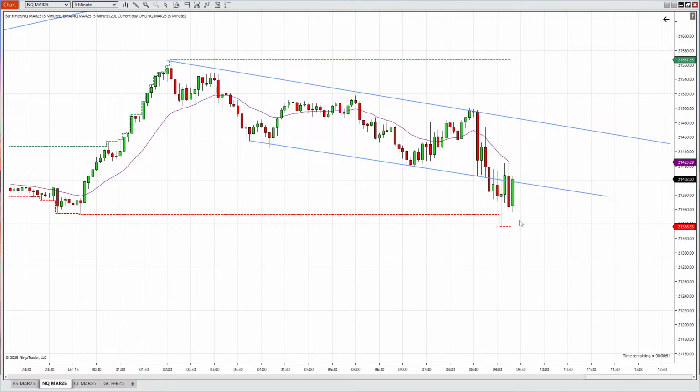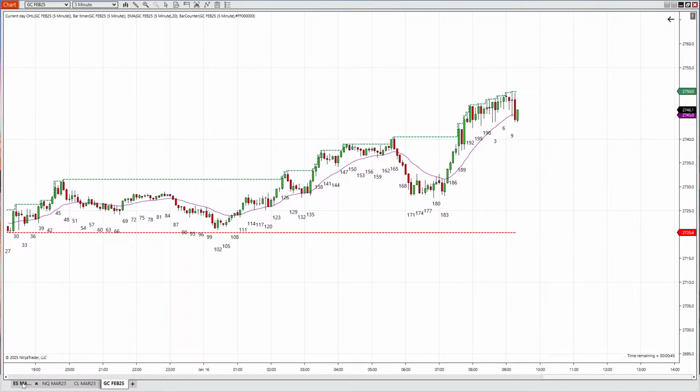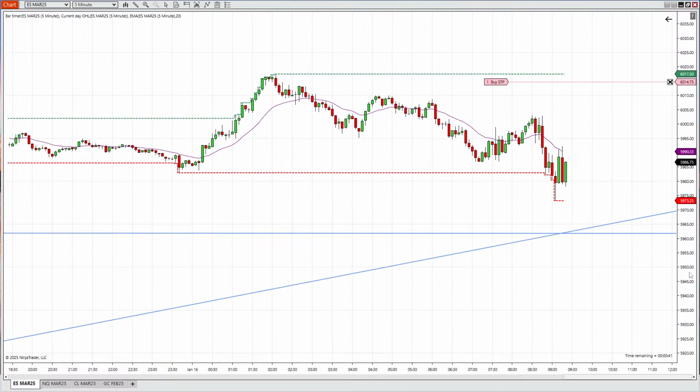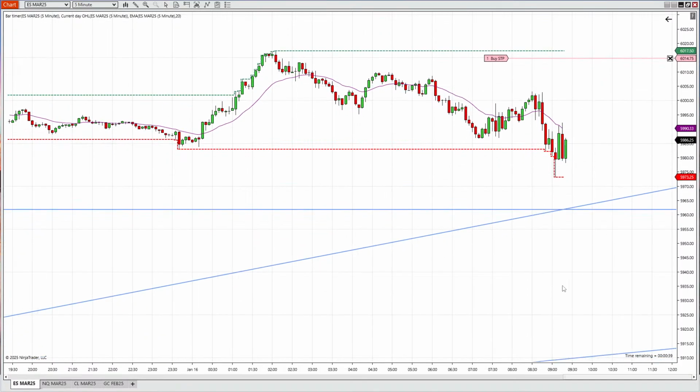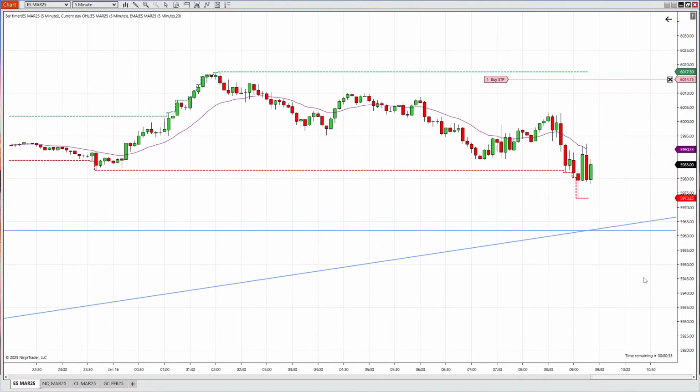If you get a decent signal bar here on the NQ, this is also a better trade to be in. Alright, 40 seconds left. Definitely has a reasonably high probability of ending as a bull bar.